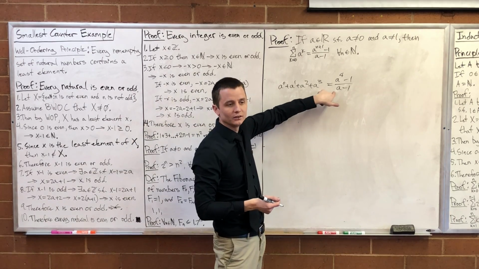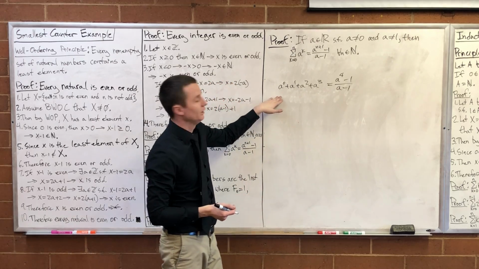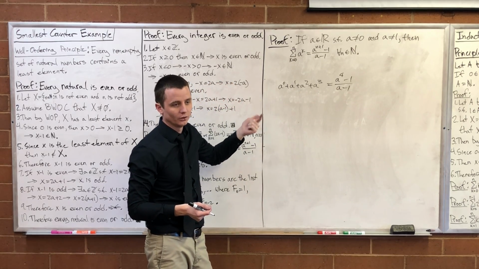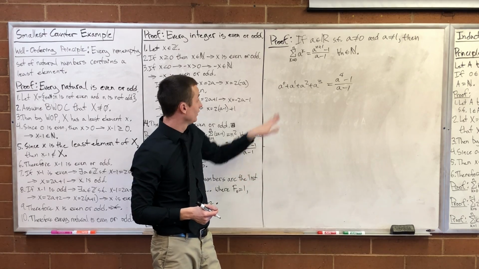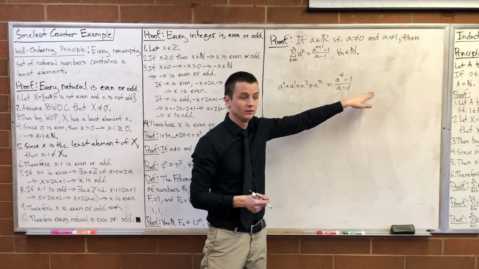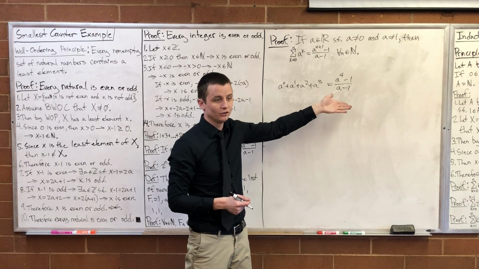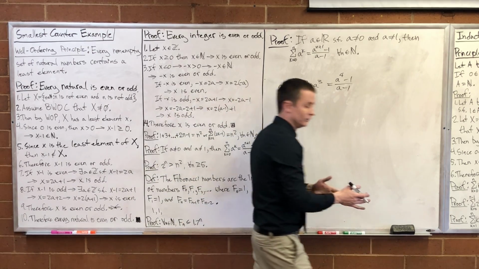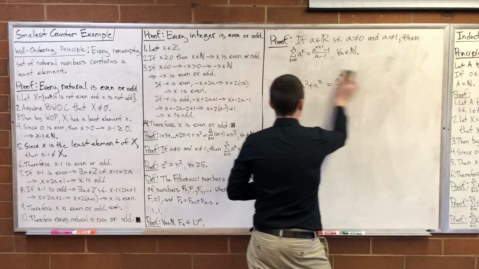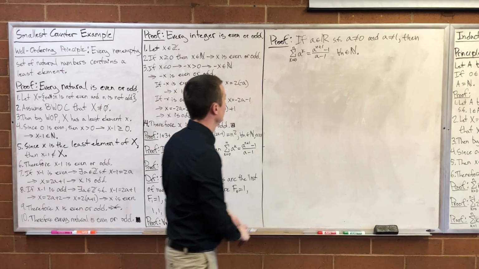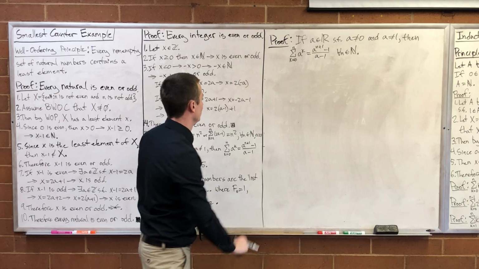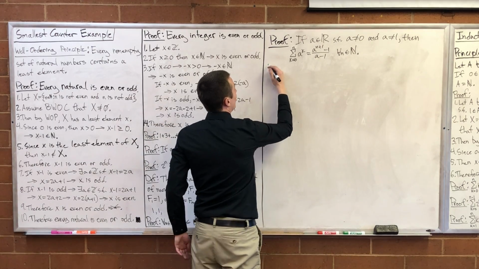In this case, we picked n to be 3. And a can be any real number you want, as long as it's not 0 or 1. So if you were to plug in 19 for a here, you'd get a true equation. If you plug in pi, you get a true equation. So we're going to prove it's true for any real number you choose, as long as it's not 0 or 1, and for all natural numbers n. Okay.